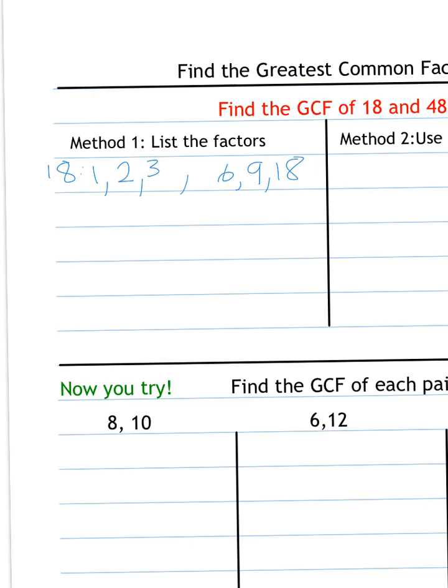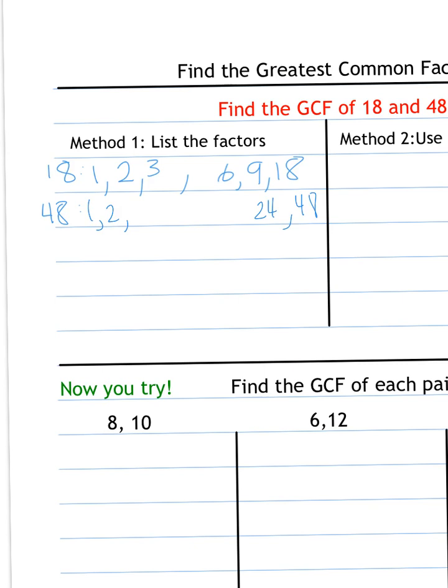Now we're going to list the factors of 48. All right. So now our factors for 48, I know that 1 goes in there 48 times. Next we have 2, which goes in there 24 times.